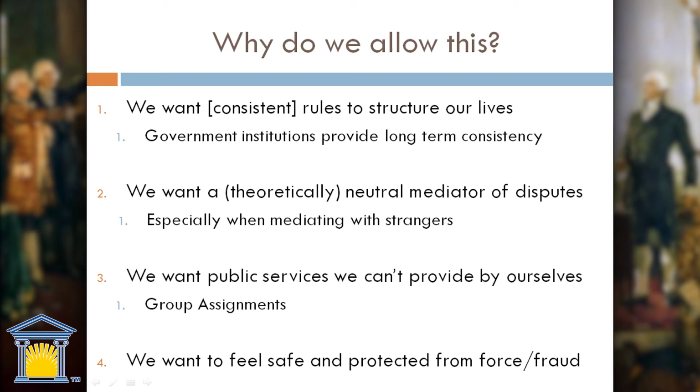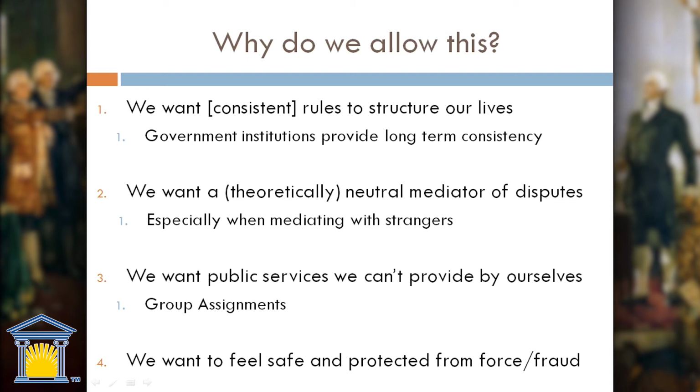There are 4 broad goals that we like to achieve, but that are very difficult to do without a government that has the ability to enforce its decisions through the use of violence, through the use of police or military action, right? So there are 4 functions that the government fulfills, 4 goals that it helps us achieve in exchange for our obedience, in exchange for our compliance with its laws, rulings, and decisions.